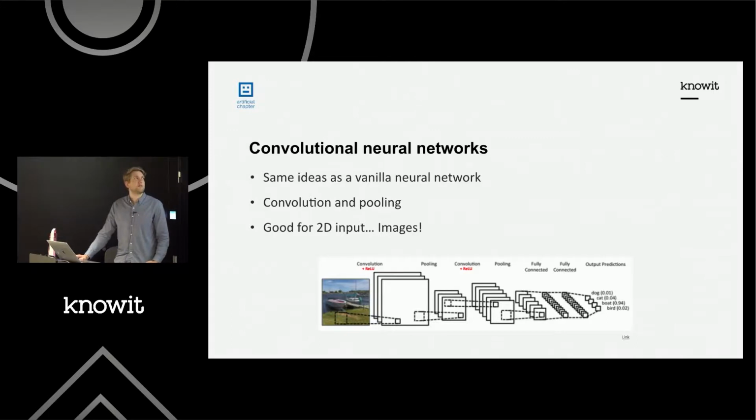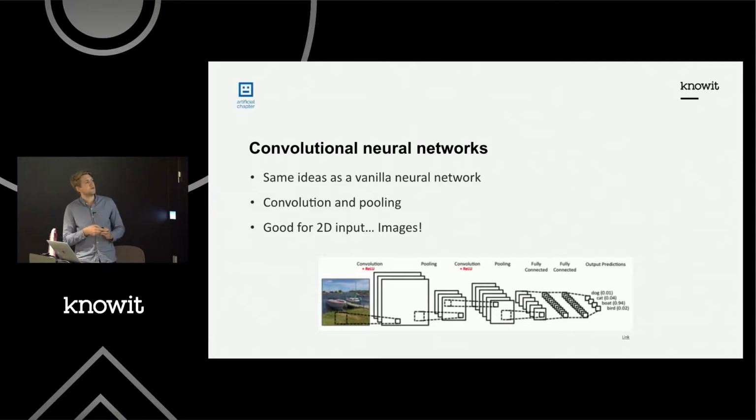What has come up in research in recent years is convolutional neural networks, which have the exact same ideas as the vanilla neural network, but we introduce convolution and pooling in addition to that. As we can see in this image here, convolution, you can think of it as a square that loops over the image, starting at the top left corner, and it looks for features that are present in the picture.